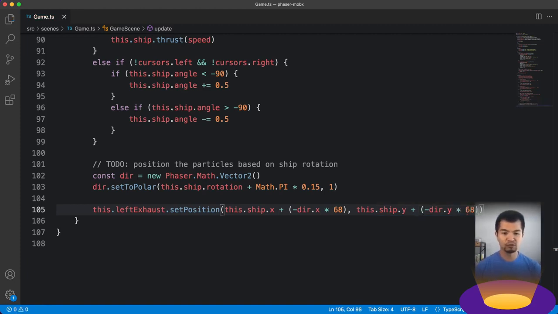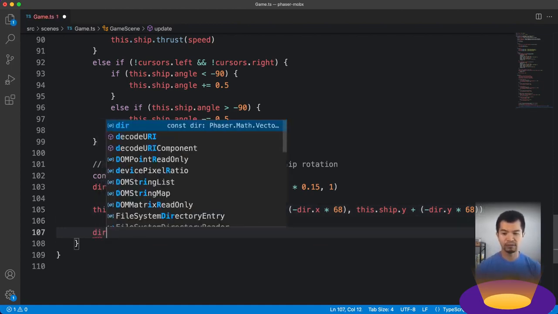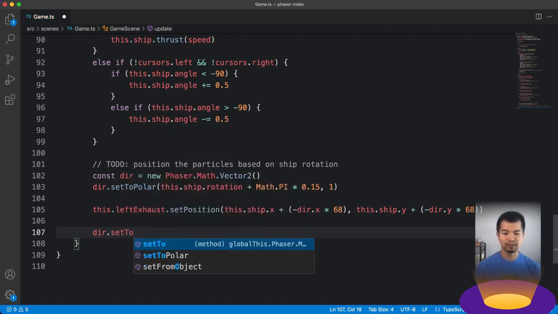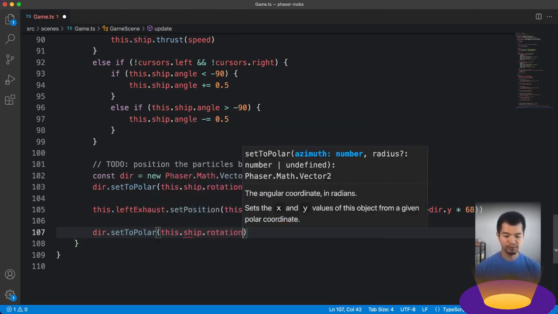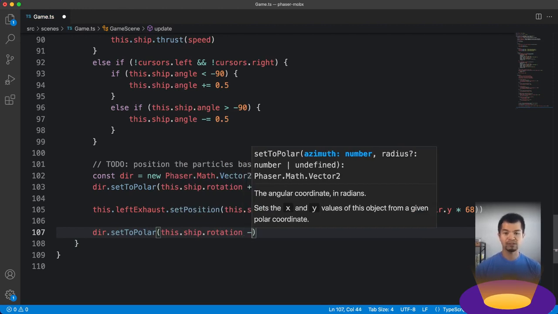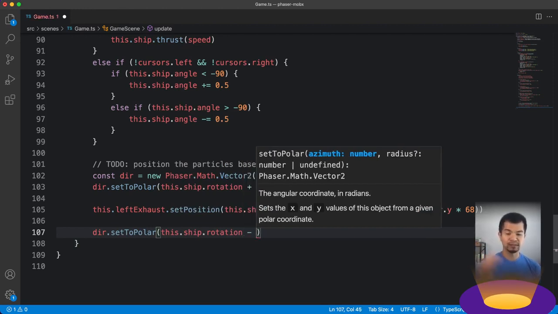Next, let's do the right side. This is the left vector. Using the same direction vector, we're going to give it a new setToPolar, and we're going to do this.ship.rotation. This time minus, since we added to get to the left side, we're going to subtract to get to the right side for our right exhaust.